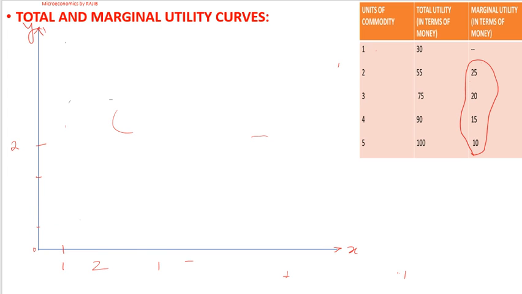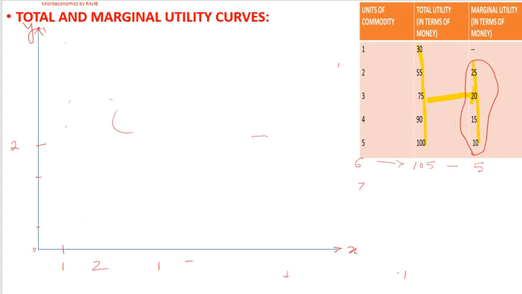So have a look at the chart again. What happens here in the chart? Total utility is increasing, but marginal utility is diminishing. So while the total utility is increasing, marginal utility will diminish. Suppose we further increase our units of consumption, till the 6th unit: total utility will be 105 and marginal utility will be 5.